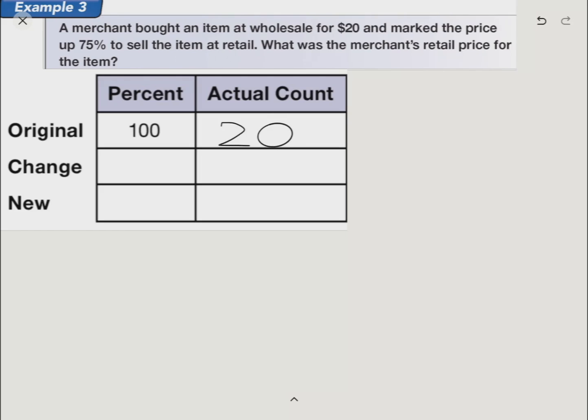And marked the price up 75%. What an industrious individual. To sell the item at retail. We'll say R, retail, is the new price. What was the merchant's retail price for the item?